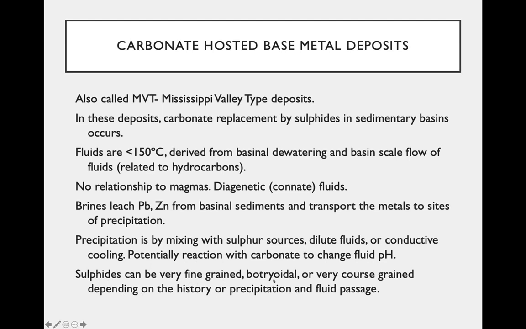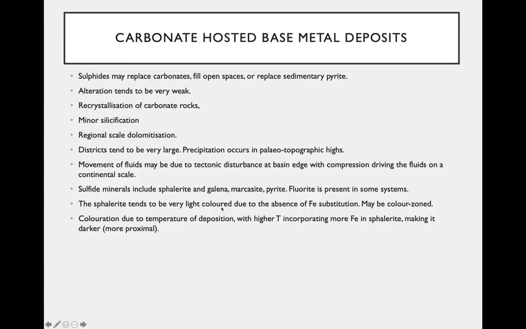And the sulfides are very fine grained, potentially botryoidal, depending on the history. So the sulfides commonly replace the carbonates or fill open spaces. The alteration tends to be very weak. We're in a low temperature system. We might get minor silicification and regional scale dolomitization.